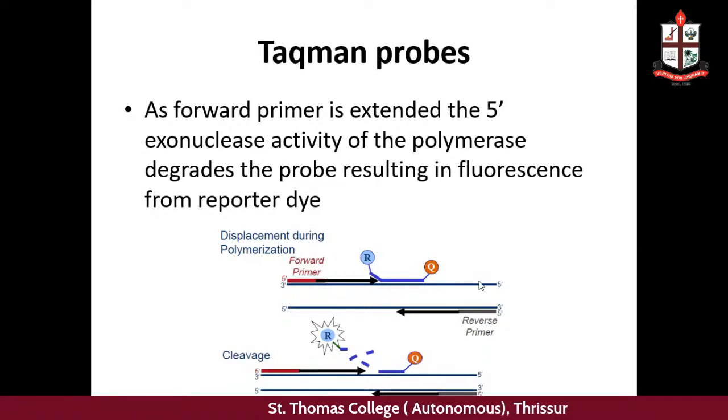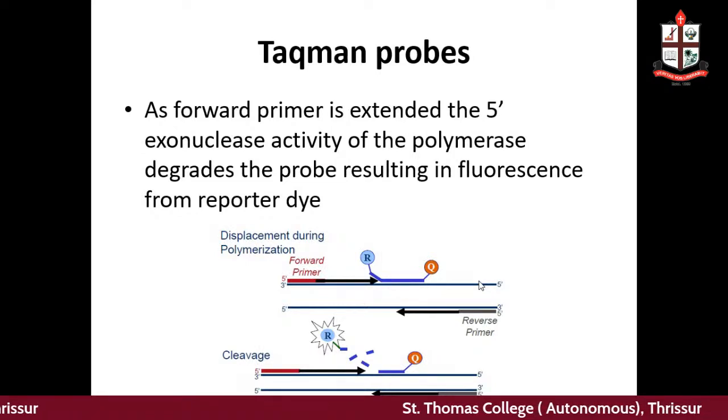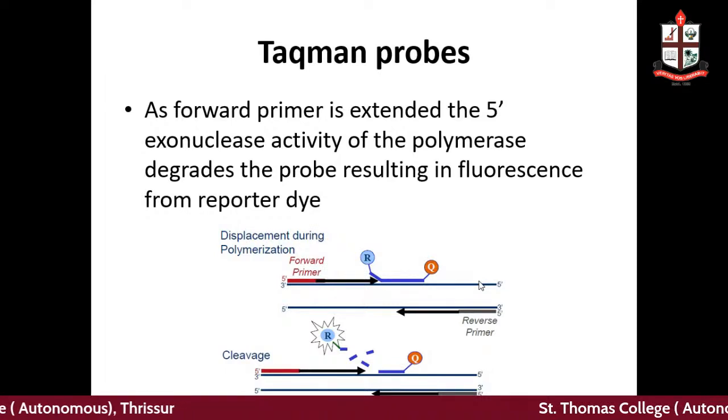Here the fluorescence is coming only from the intended target, not from non-specific amplicons or primer dimers, because the TaqMan probes will not be binding to non-specific sites or to primer dimers.